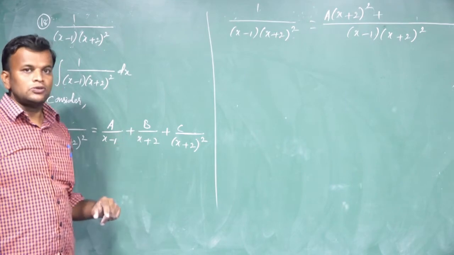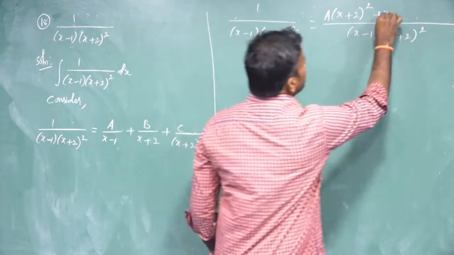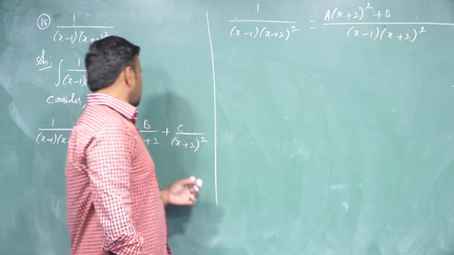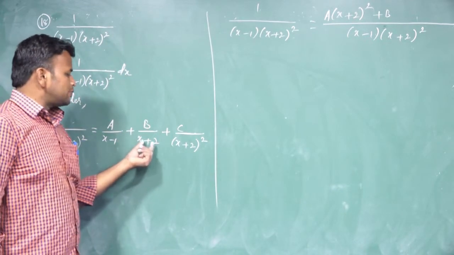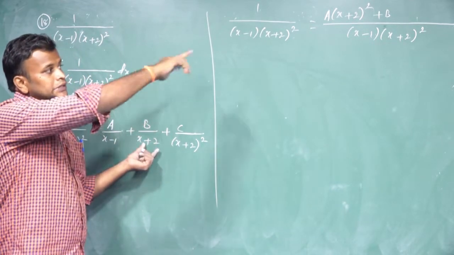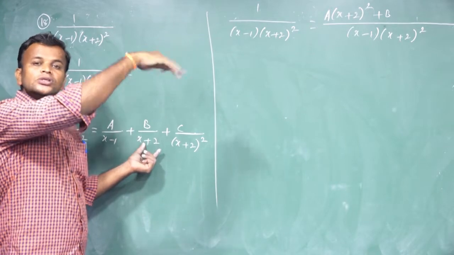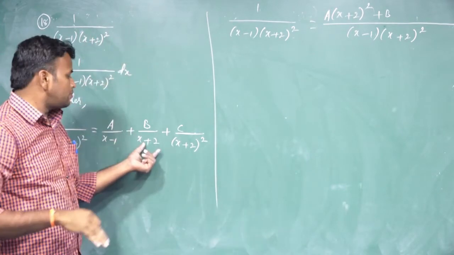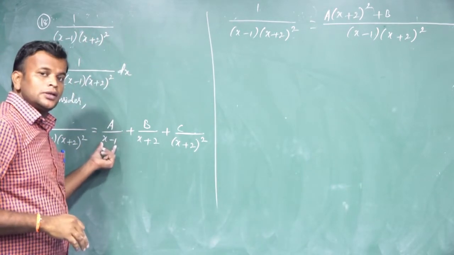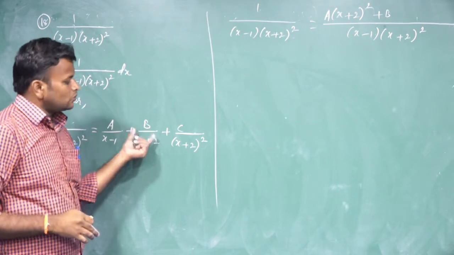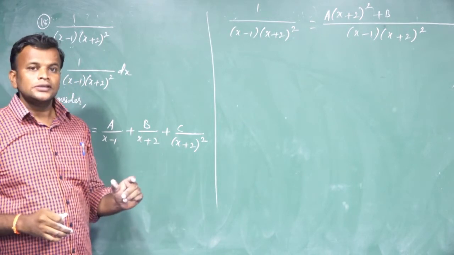Plus next one is b. Plus b of, the denominator is x plus 2. But our LCM is x minus 1 into x plus 2 the whole square. So what is the missing term? One x minus 1. In the whole square only one x plus 2 term is there, so remaining x plus 2 is one term.